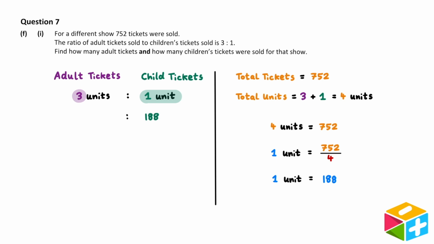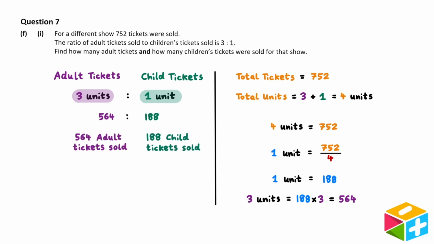For the adult tickets, we had 3 units. If 1 unit is 188, then 3 units will be 188 times 3. This gives us 564 for the adult tickets. So our final answer is 564 adult tickets sold and 188 child tickets sold.